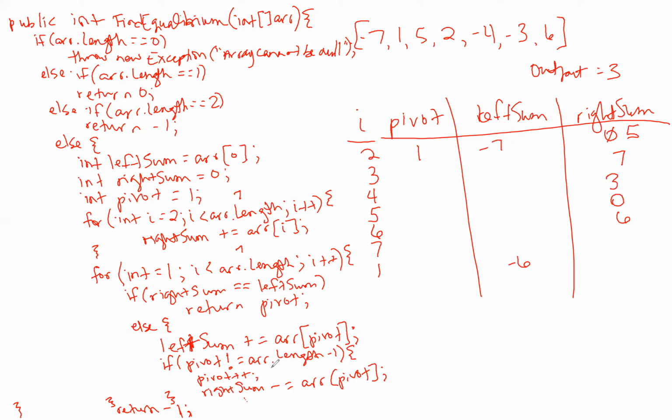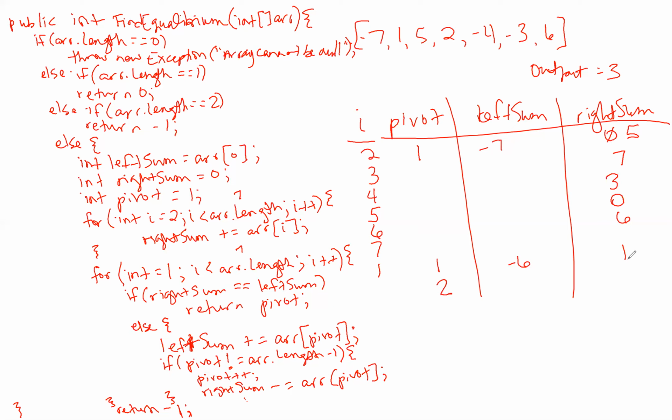If pivot does not equal array.length, pivot is still 1, so it does not equal 7. Then we want to pivot++, so now pivot becomes 2. And right sum minus equals array at pivot. So if pivot's there, it's 5. So then we say 6 minus 5 is 1.